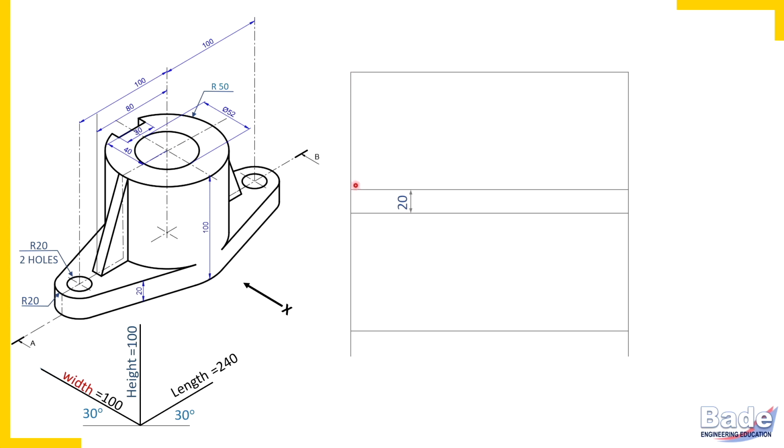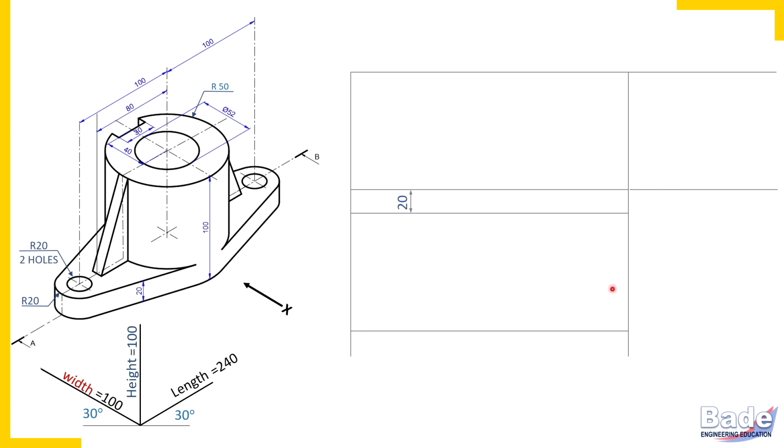Yes, this height is to be transferred in the side view. And width is vertical. Width is also 100 millimeter to be transferred in the side view. Which 2 dimensions you get in the side view? Height vertically and width horizontally. So to draw side view, as usual, draw projectors from front view to top view.